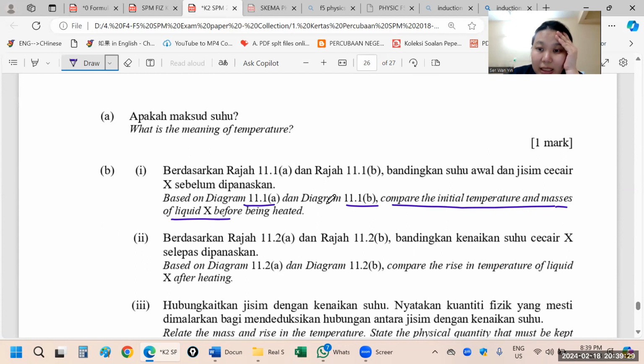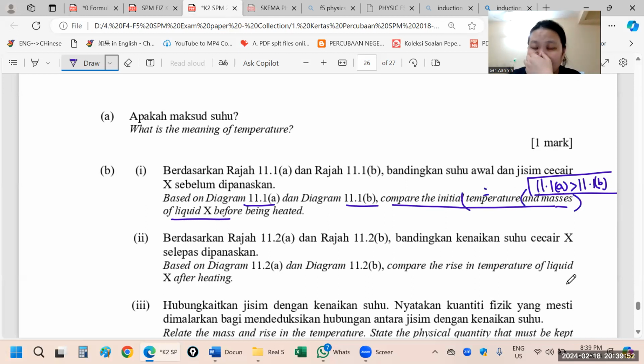Okay, so for initial temperature equals, so mass of 11.1A is bigger than 11.1B. Make your sentence. If you just write this directly, wrong, make a sentence.